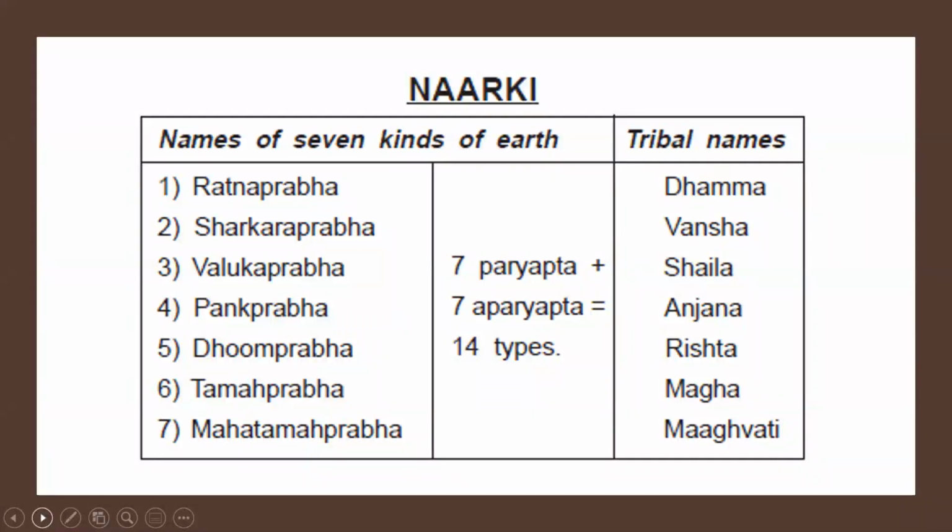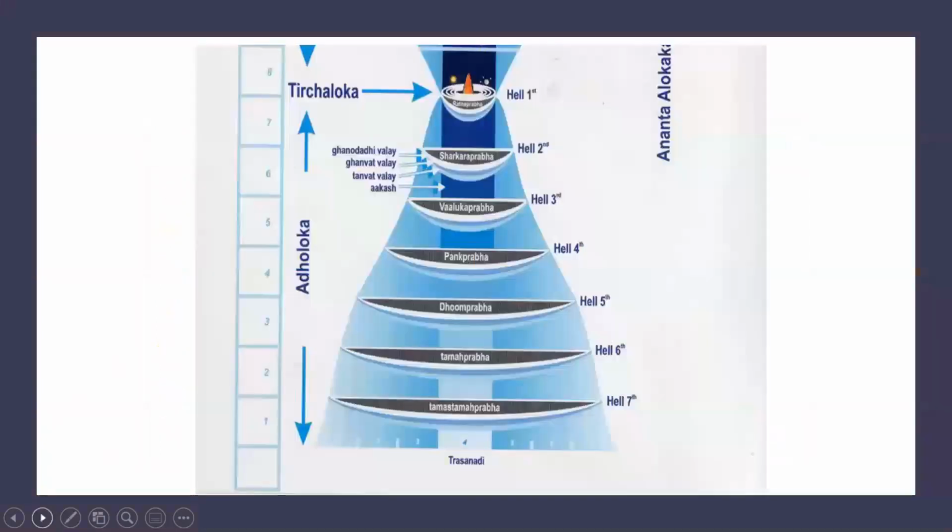Like the Dev Gati, the minimum Ayushya of the Jeevs in the Narak Gati is 10,000 years. So, by default, all the Jeevs in the Narki will become Paryapt after the first 48 minutes. So, there are 14 types of Jeevs: 7 Aparyapt and 7 Paryapt Jeevs in Narki.